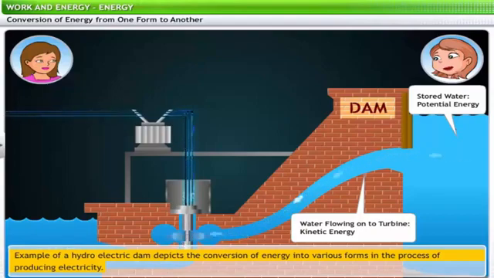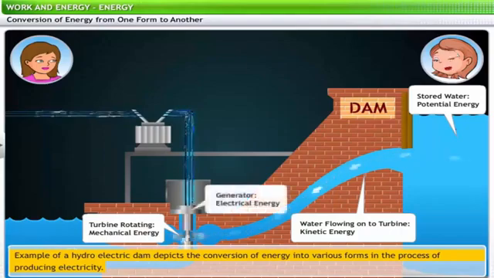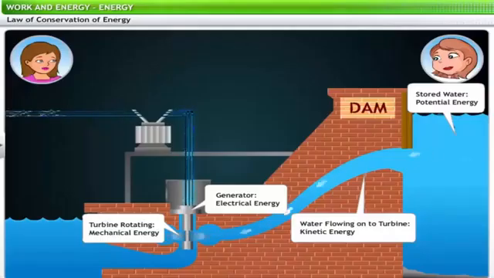This flowing water rotates the blades of the turbine, which is the mechanical energy. These rotating blades of the turbine produce the electrical energy. So, basically, energy gets converted from one form to another.